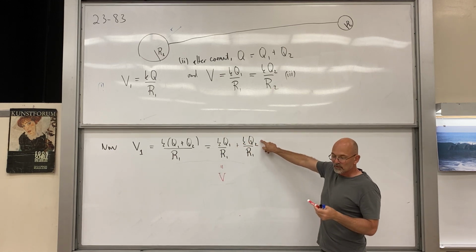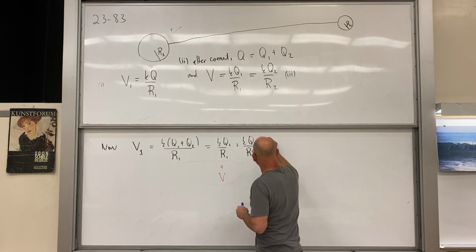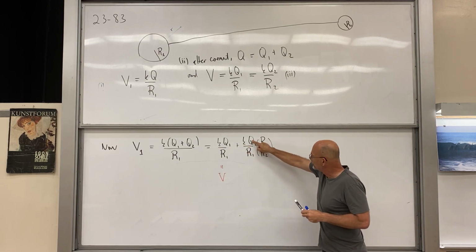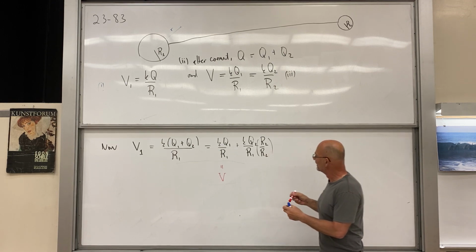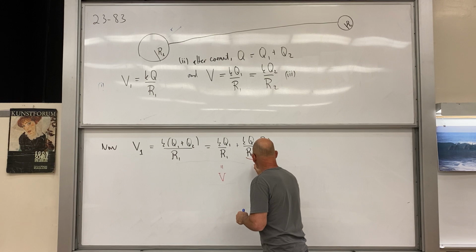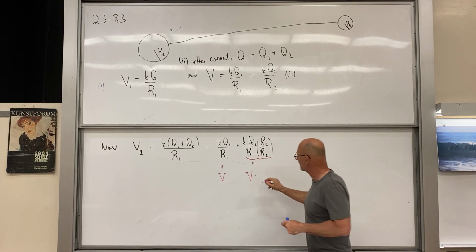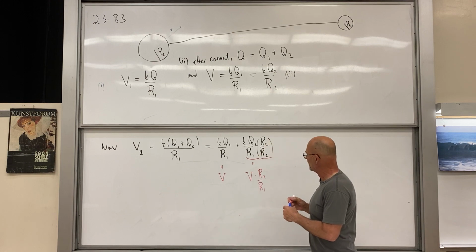This thing here, we don't quite know what it is yet, but we can multiply top and bottom by R2. That's just multiplying by 1. Now, KQ2 over R2 is again equal to V. So this whole thing here is equal to V times R2 divided by R1. So again, now what do we have?